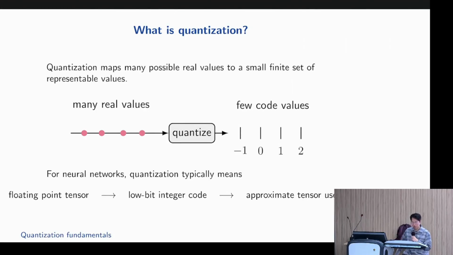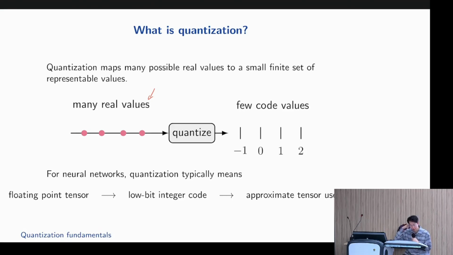Okay, so what I mean by quantization: let's say we have some real values represented using float 16, and if we quantize to integers, then I guess the easiest thing to do is just to round it to the nearest integer.